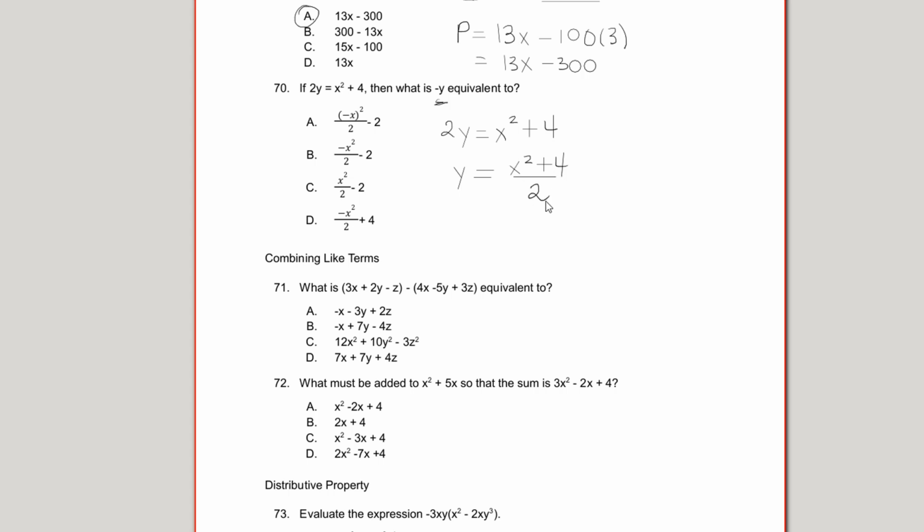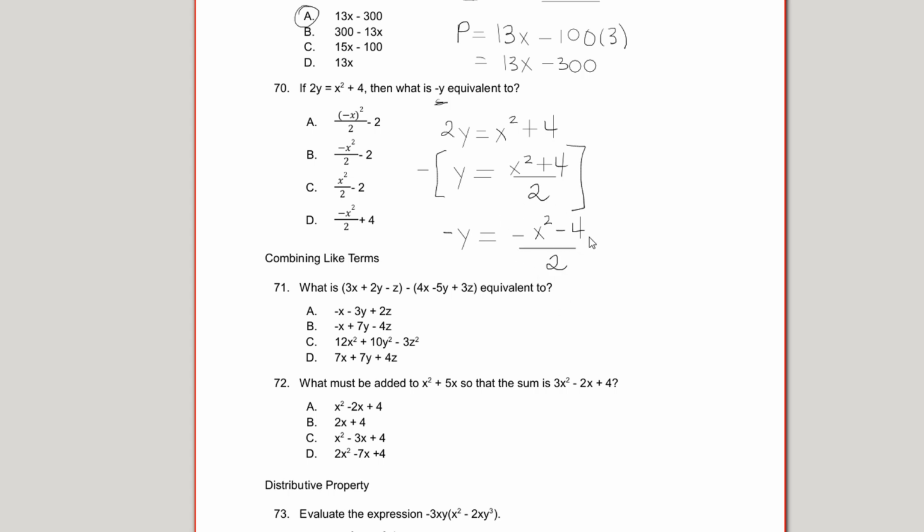We could break it down into each one, and we may do that because now we've got to do a negative y, which basically means let's multiply everything by a negative 1. We usually don't include the 1. So negative y is equal to negative x squared, I'm just going to go ahead and distribute that negative through there, divided by 2.